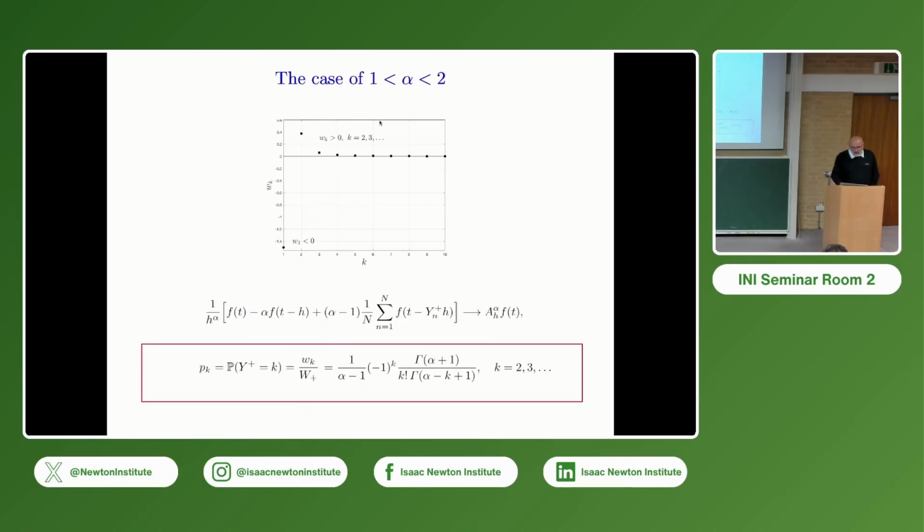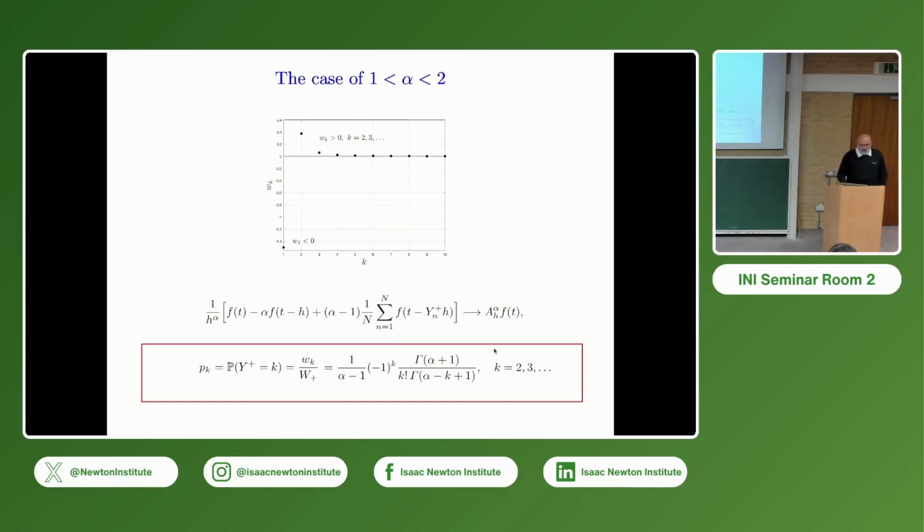If we go above 1, alpha between 1 and 2, then we have one of those terms that I mentioned already appearing in front of those sums. And what we have here is actually we extract the first term, and then the support is focused on 2, 3, and so forth.